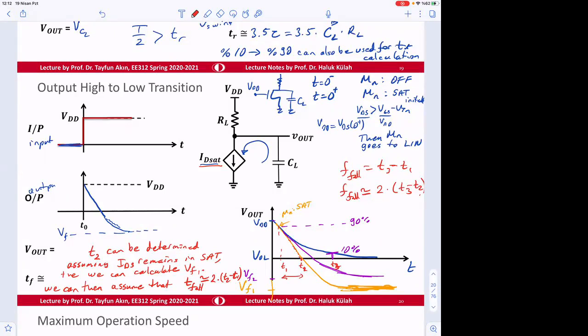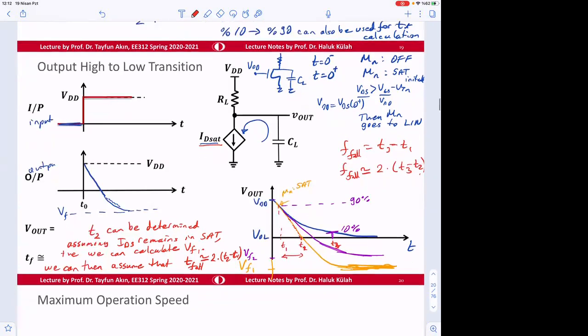And typically in the exams, we say, find out this, assuming that the transistor remains in SAT all the time. Or we can say that assume that the transistor current is fixed and half of IDS SAT and always remains like that. So that's also a good assumption, because it's consistent with this 2 times thing.